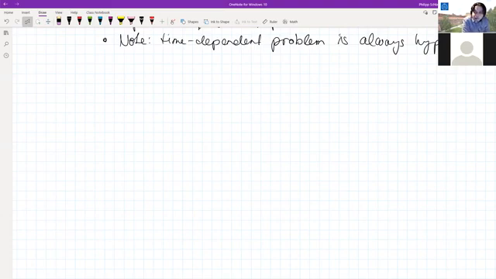And this is what I would like to do next: introduce a number of model problems for each of those types, understand how the solution is expected to look, and also later use that as a tool to determine what numerical method may be suitable.